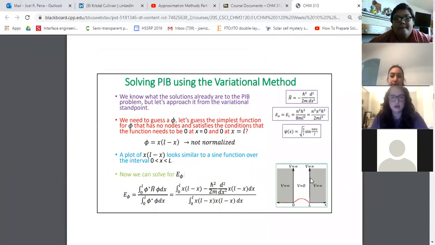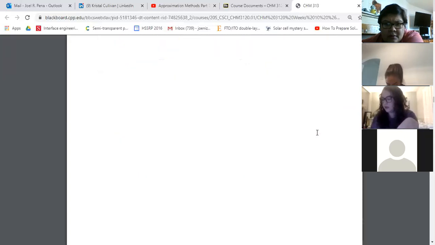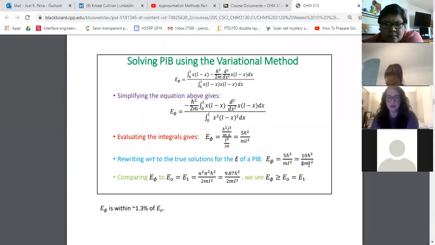Do you see the little boxes on the side? This one right here? Yeah. He just said, those are the units. So you needed to have the 2 on the bottom in slide 12 for the 5 h bar squared over ml squared, because that needs to be the units.